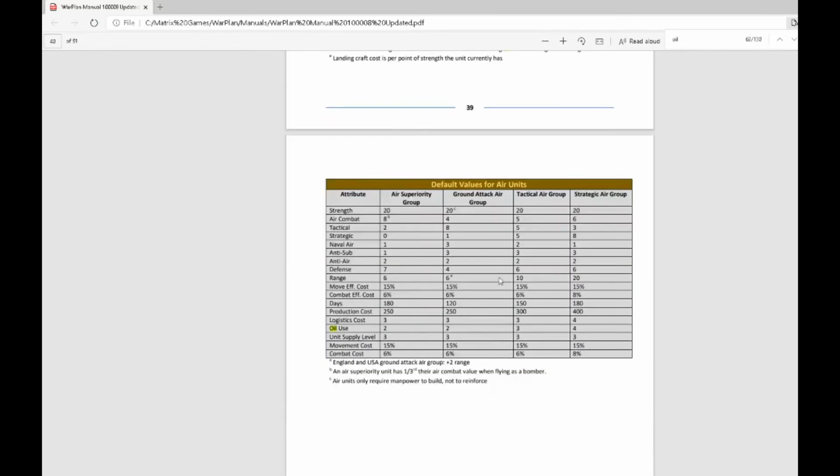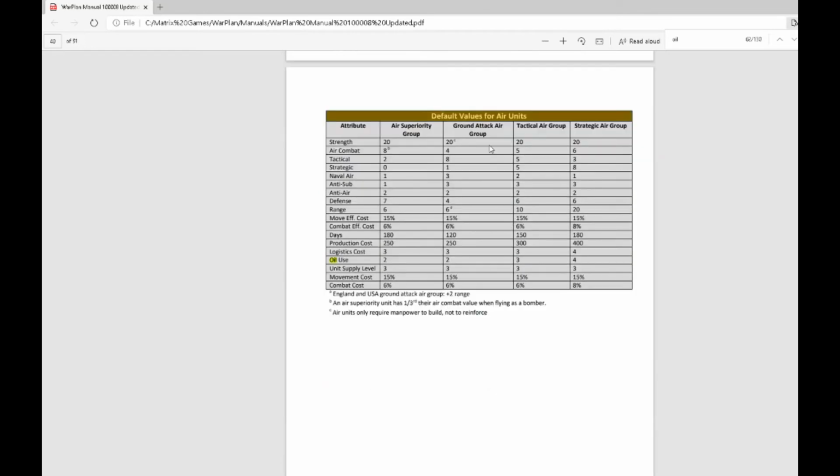If I move down, I can see on page 40 the air values for oil use: the fighters and the ground support each use 2 oil, whereas a tactical will use 3 and a strategic air bomber will use 4.